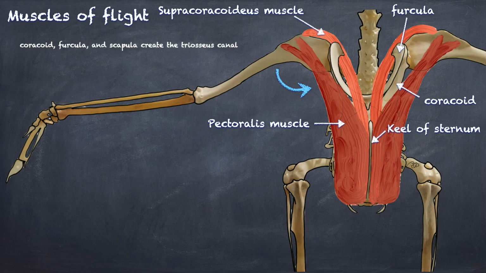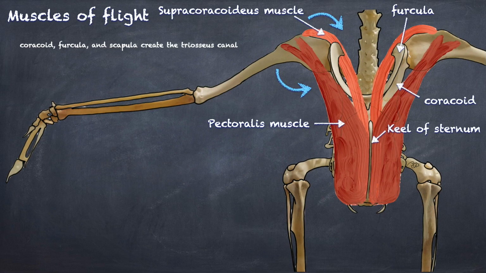Okay, so this is that thin muscle that lies deep to the pectoralis muscle. You may have noticed sometime when you're eating chicken breast. Okay, so this thinner muscle lies under it. It's going to pass through this triosseous canal to attach to the dorsal surface near the head of the humerus. Okay, so this is going to be our muscle for elevation of the wing.